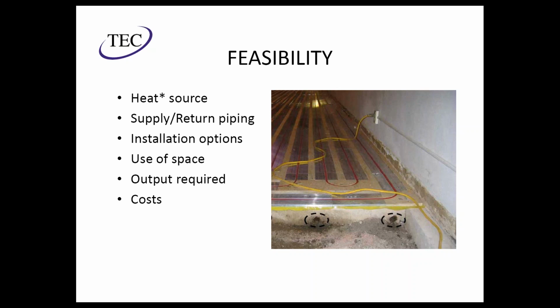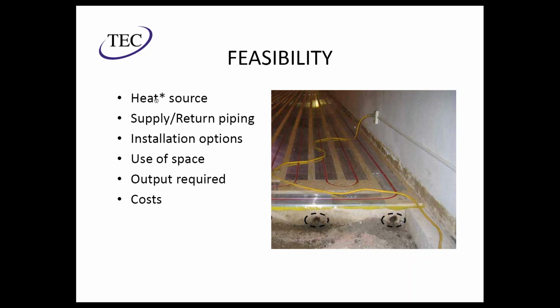The installation techniques that we're discussing here will apply to all those, but in terms of the feasibility and some of the techniques, we're going to be specifically looking at mostly radiant heating today. Like I said, a lot of it applies to all, but specifically radiant heating, and I'll try and point that out where appropriate. But in terms of feasibility, you need to make sure you're going to have some sort of heat source.